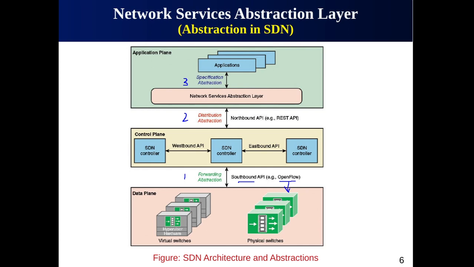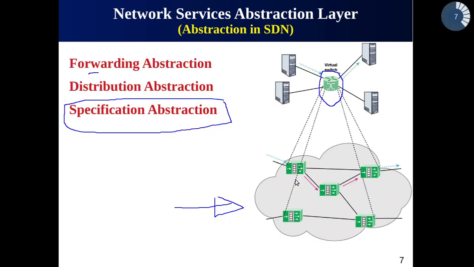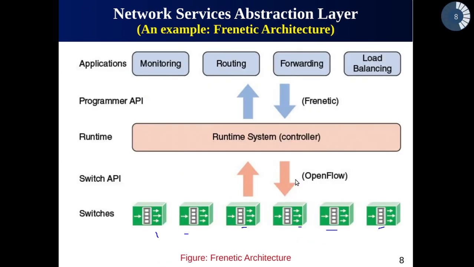element level. But Frenetic includes a higher level language, like the query language, that provides effective abstraction for reading the network states. As you can see, it consists of two levels of abstraction. The upper level, which is the source level API, the programming API, provides a set of operators for manipulating the streams of network traffic.